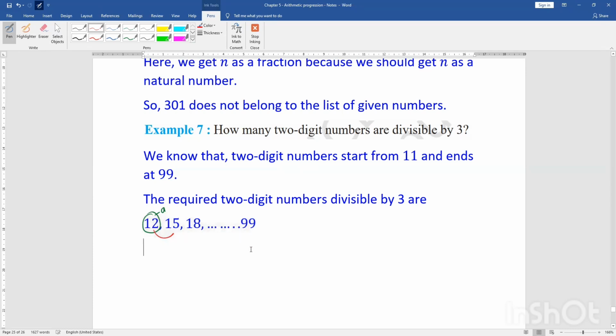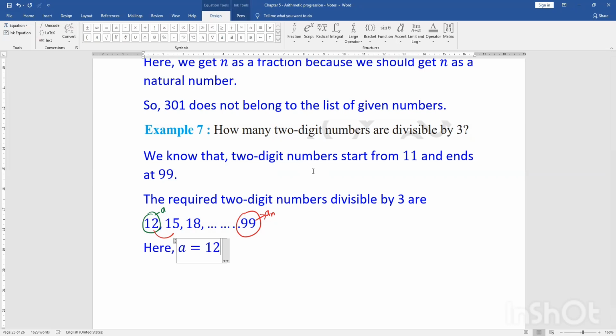And then what is this 99? 99 is actually AN, the last term. So let us write that. Here A equals 12, and D equals 15 minus 12, which is equal to 3.